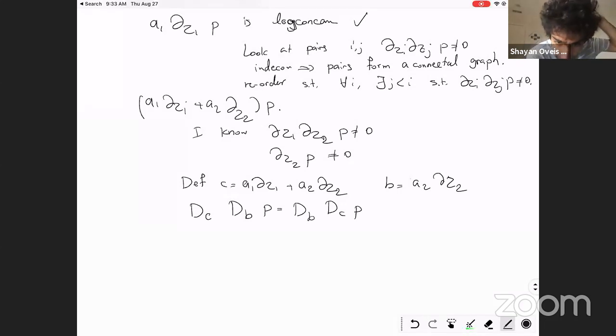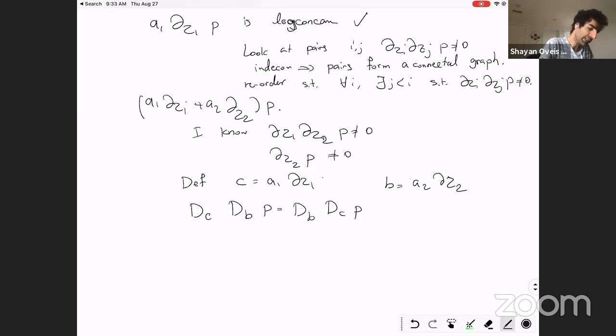Sorry, I think I defined C incorrectly. Let's say C is A1 partial Z1, B is A2 partial Z2.